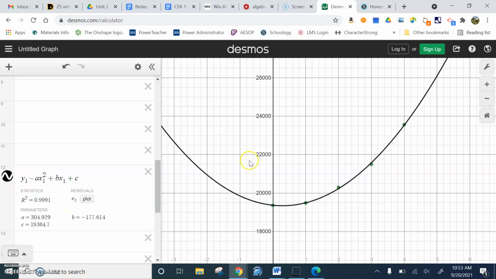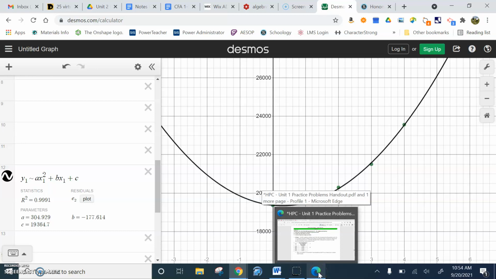Yeah, that's good enough for me. So what I'm going to do is ask you guys to answer questions A for these types of problems by telling me what kind and what is the equation.